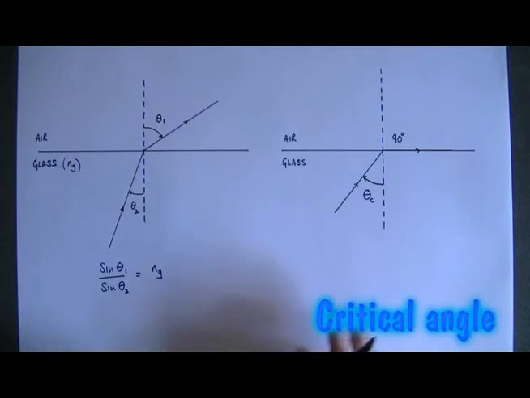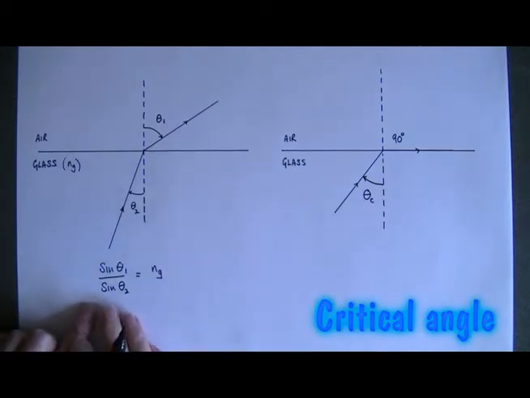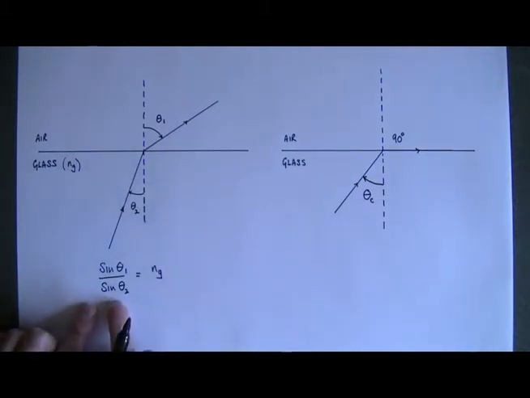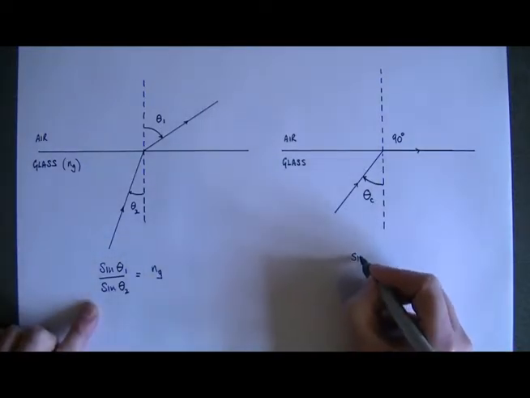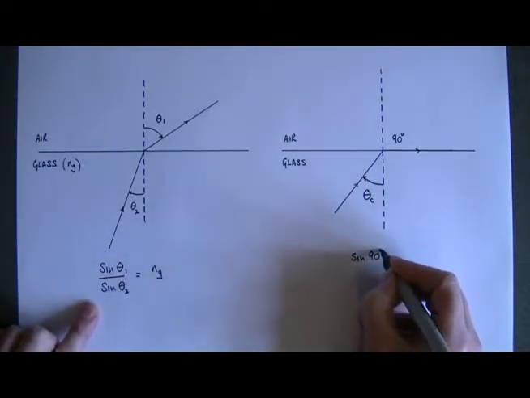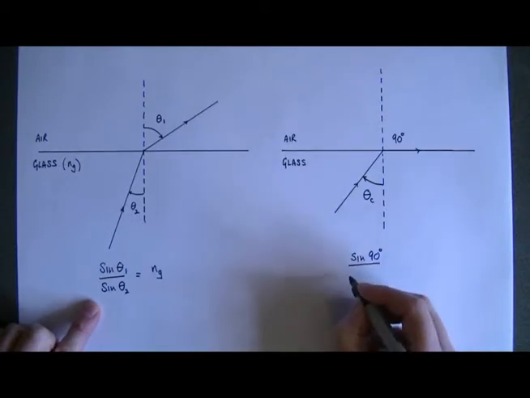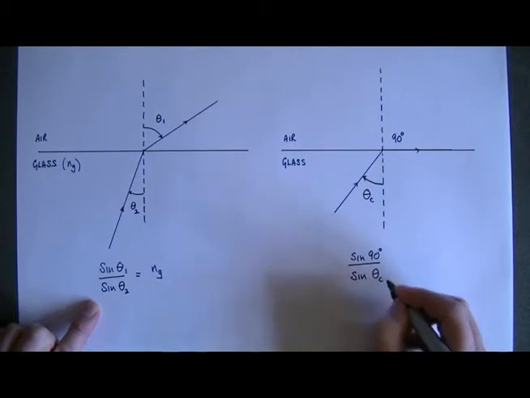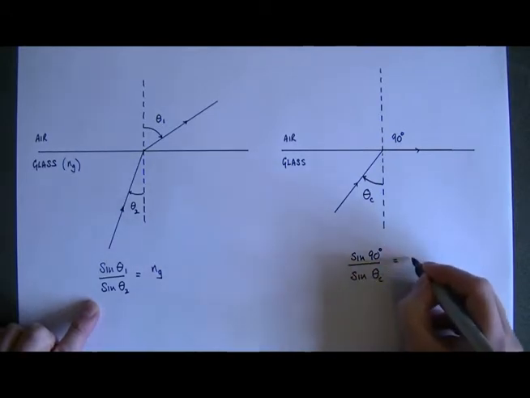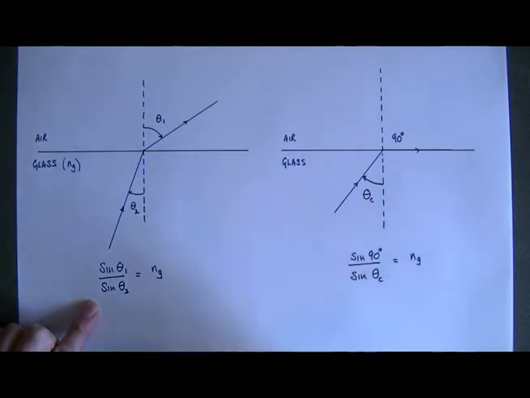So substituting those values into Snell's law equation here, I've got sine of 90 degrees over the sine of the critical angle equals the refractive index of glass.